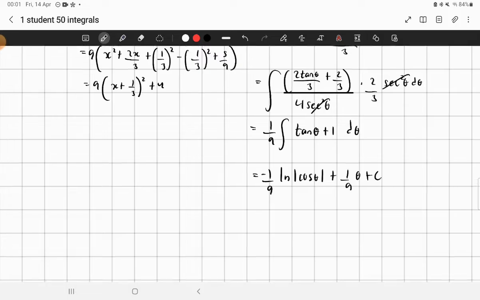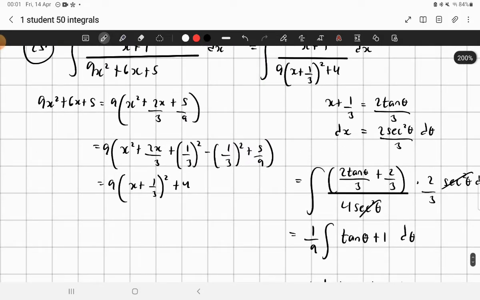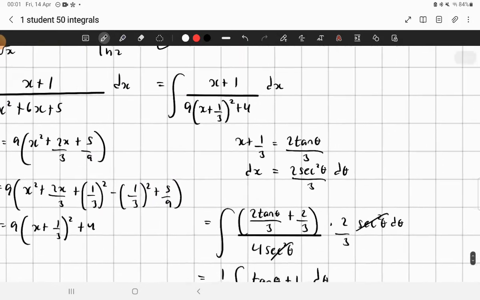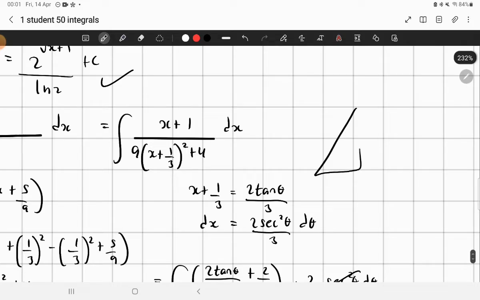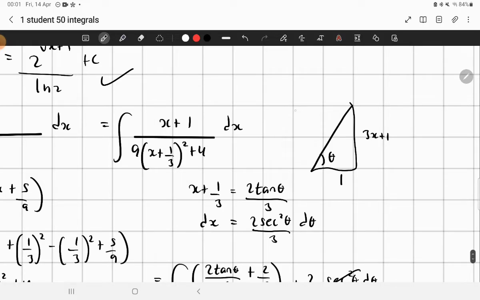Cosine theta. So if I go back here, I have to create my triangle now. Theta, so tangent is opposite over adjacent, so opposite is 2, and the hypotenuse is the square root of 9x squared plus 6x plus 5.